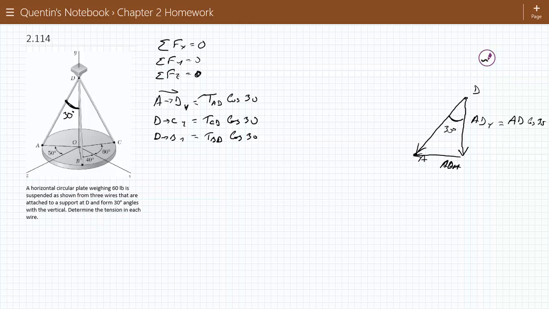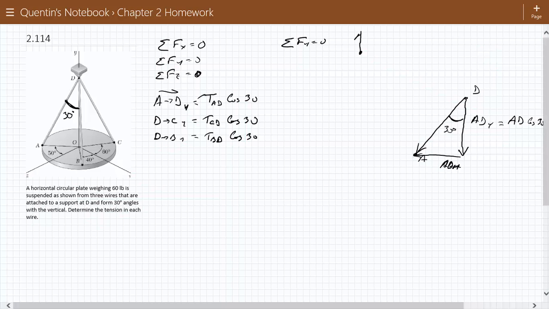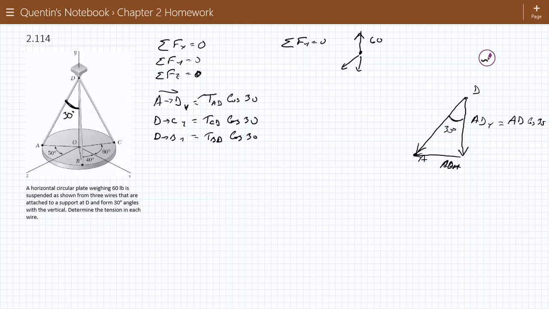So if we take our sum of our forces, we'll write this equation down. Sum of our forces in y equals 0 is going to be what? Well, you're going to have the ups equal the downs, right? So if you consider point D, you have 60 pounds going up, and then you have these forces coming off here in the various directions. And the y components of all those are what we just figured out, right?